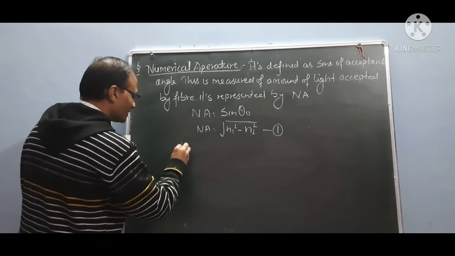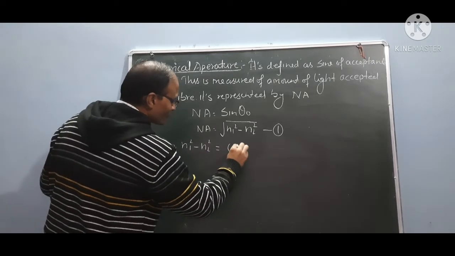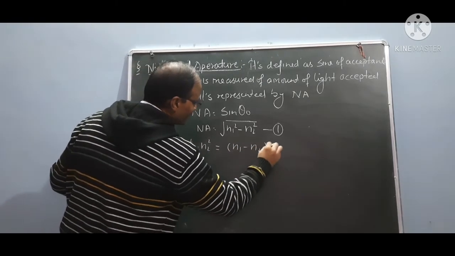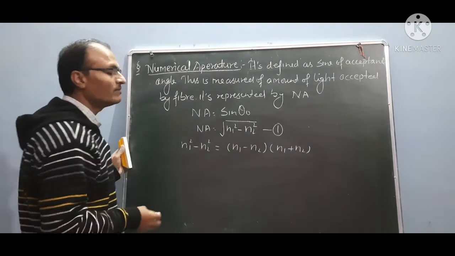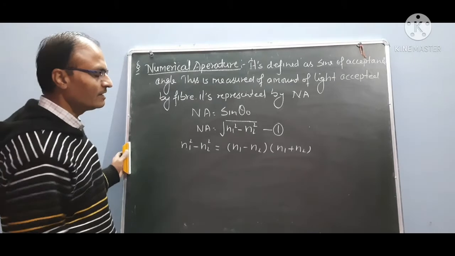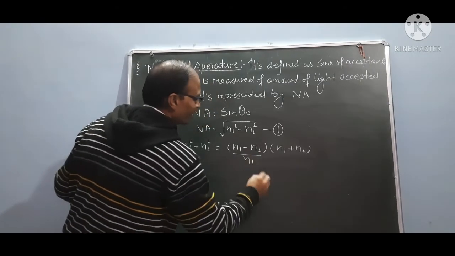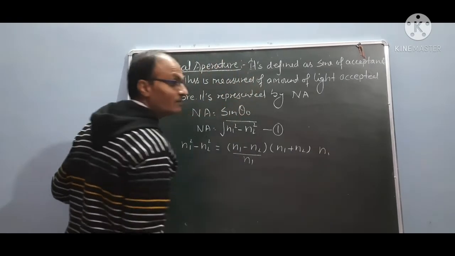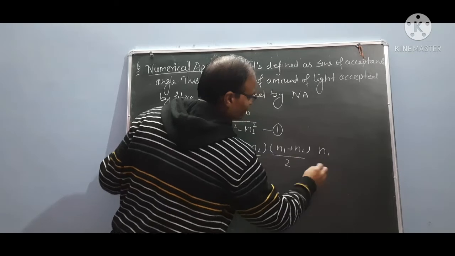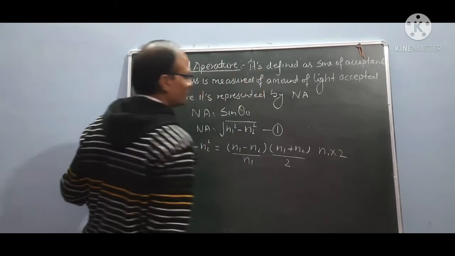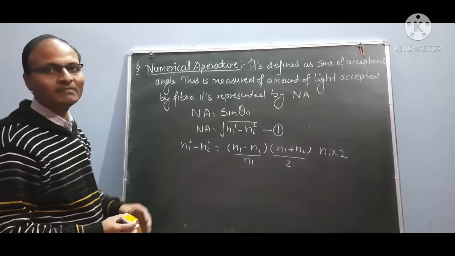So factorization is applied: n1 square minus n2 square is n1 minus n2 and n1 plus n2. We apply this mechanism to generate the value of NA, divided by n1 multiplied by n1 and divided by 2 multiplied by 2. Why are we choosing this type of mechanism?